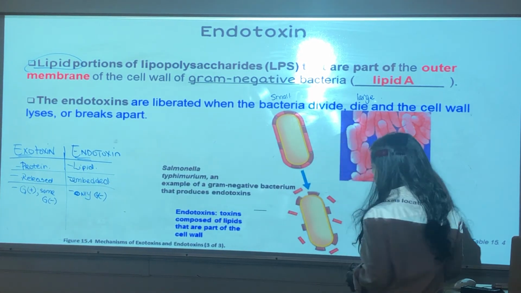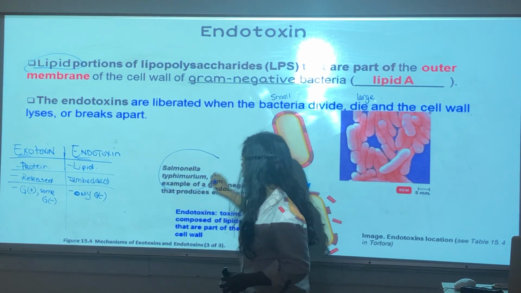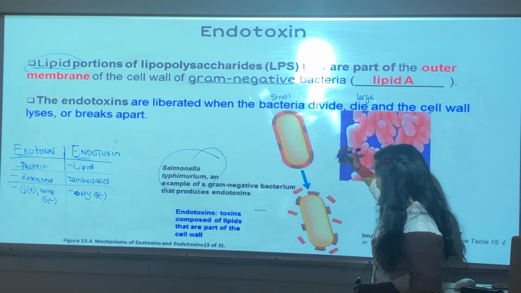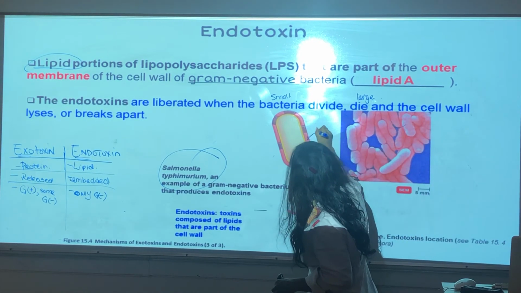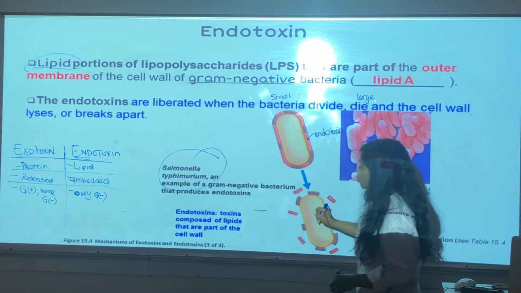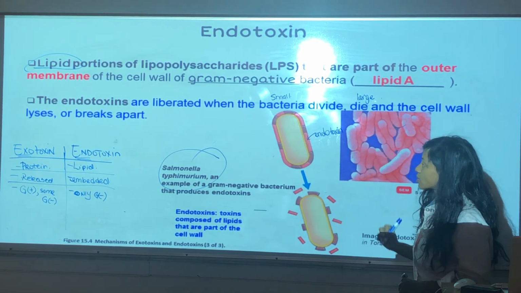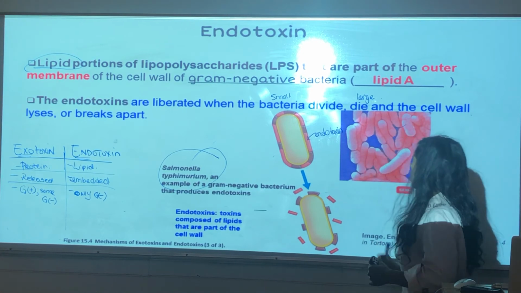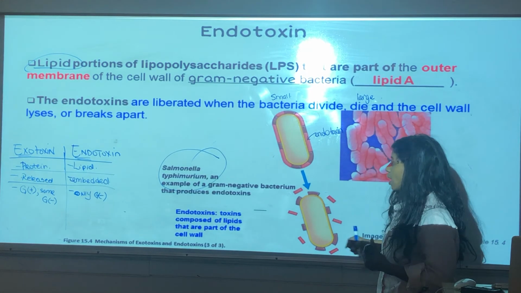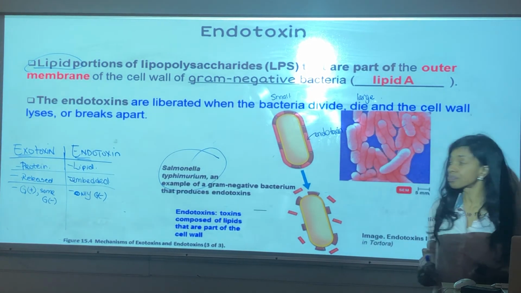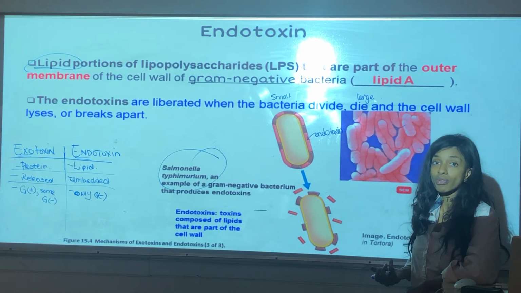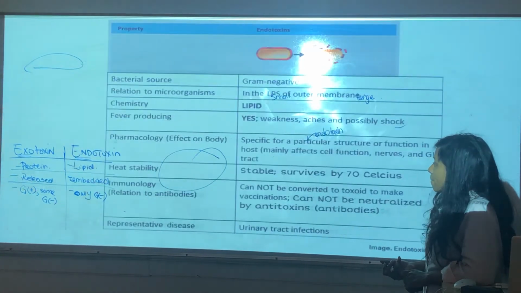They give you the example of Salmonella, a gram-negative organism, which makes endotoxins. These endotoxins are released, a small amount as the organism is naturally dividing, but larger amounts when they die. Once they're released, these endotoxins can have harmful effects on the host cell.